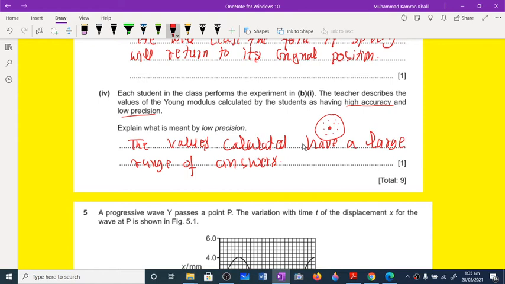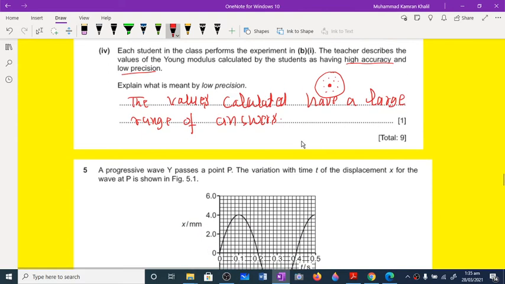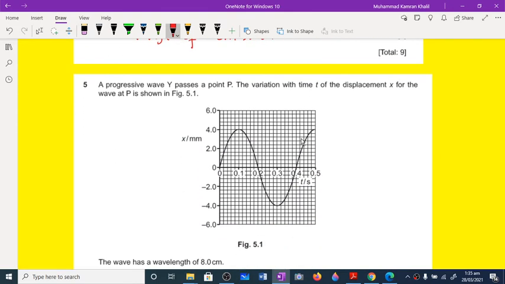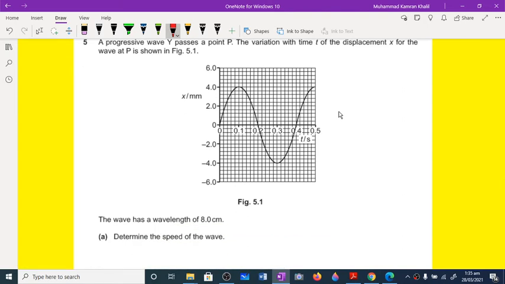Okay, dear. Question number 5, the easiest question so far in this paper. A progressive wave y passes a point P. The variation with time t of the displacement for the wave at P is shown in the diagram. Determine the speed.